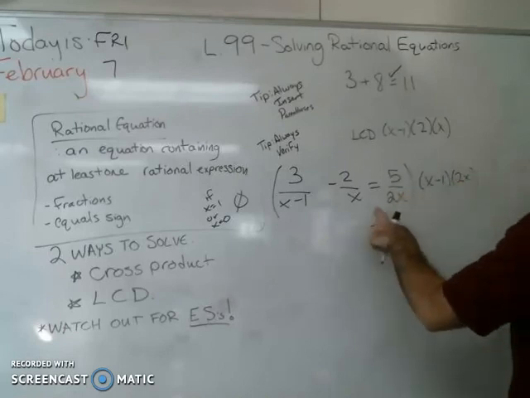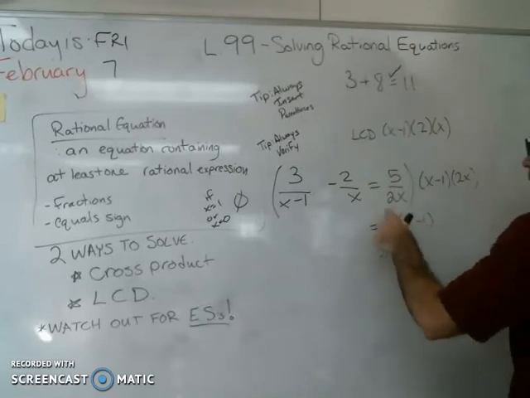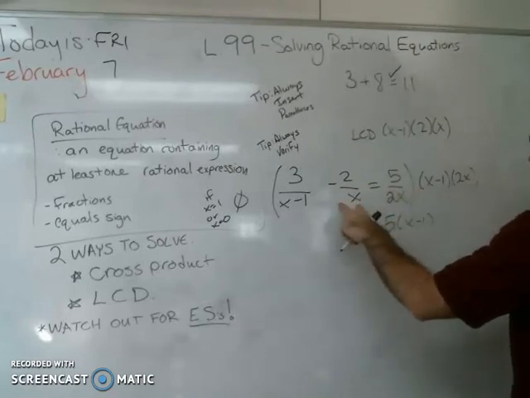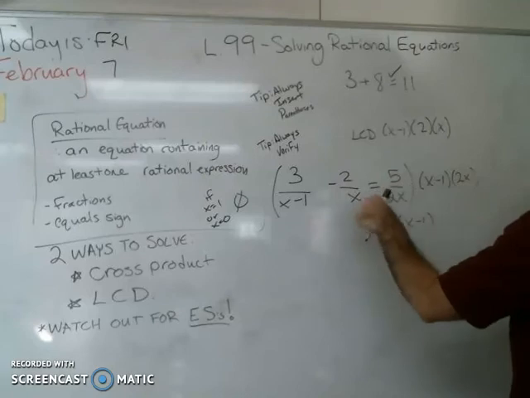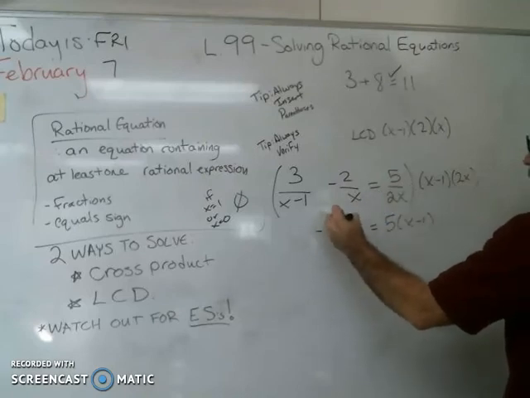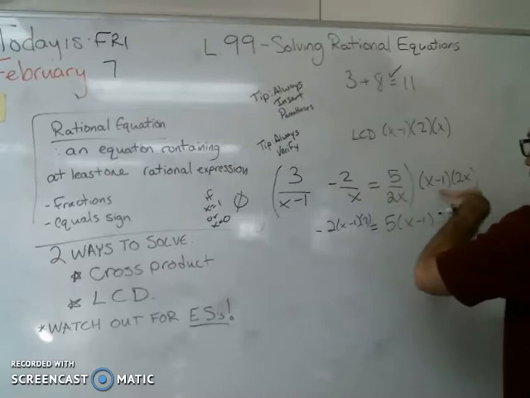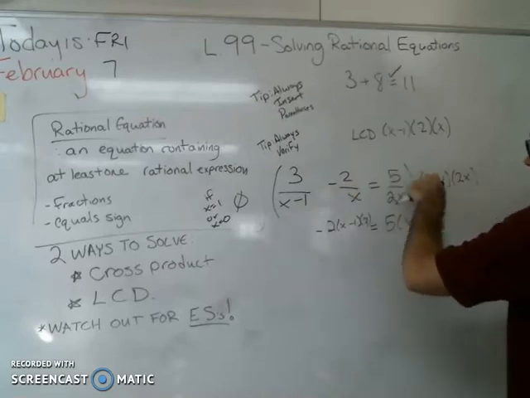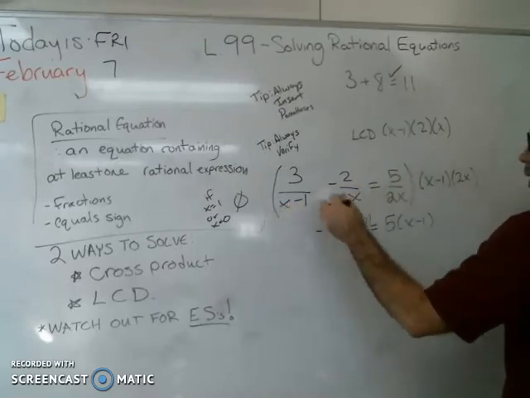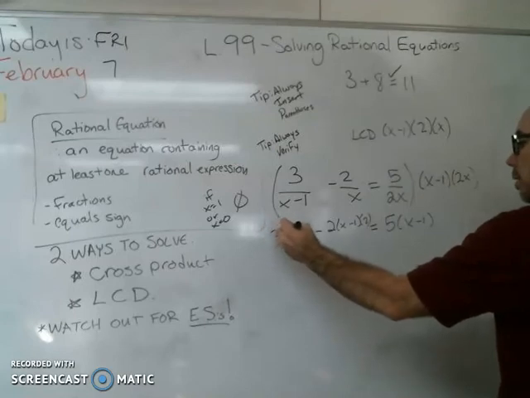You see that the 2x's will cancel out. I'll have 5 times x minus 1. I'm going to multiply this by this. You see that the x's will cancel out, and I'll have minus 2 times x minus 1. And I'll have another 2 left over. And then over here we go, this times this. You'll see that the x minus 1's will cancel out, and I'll have 3 times 2x.